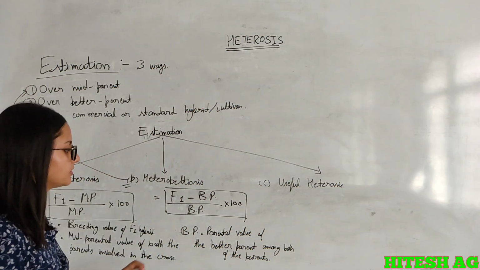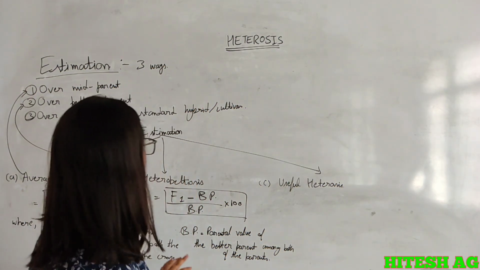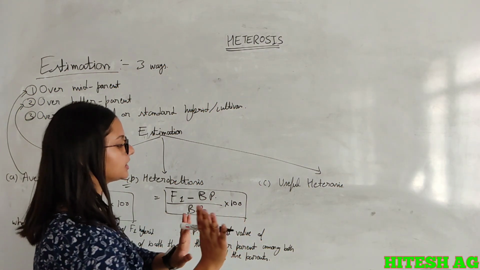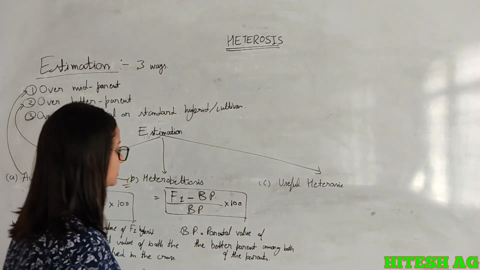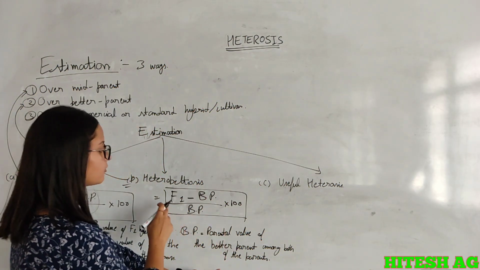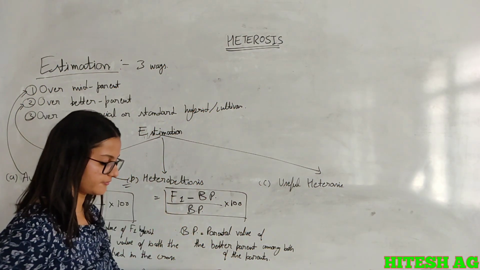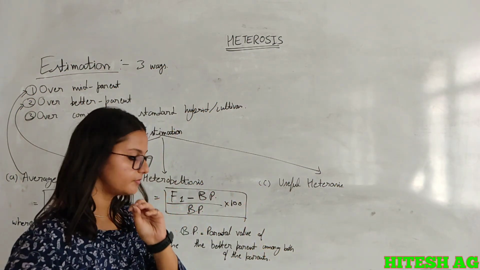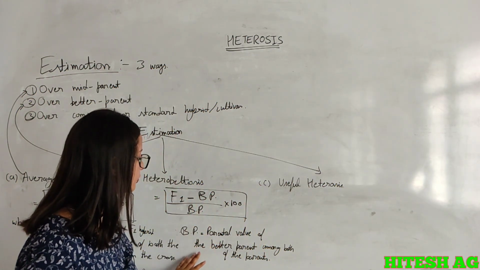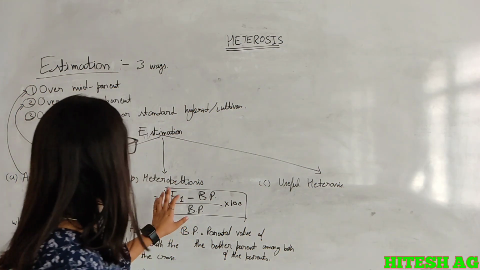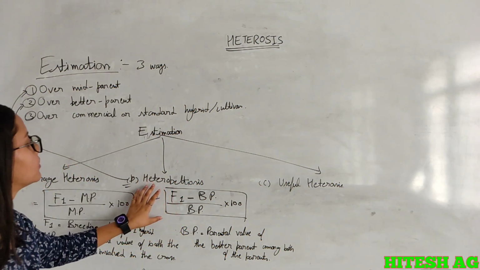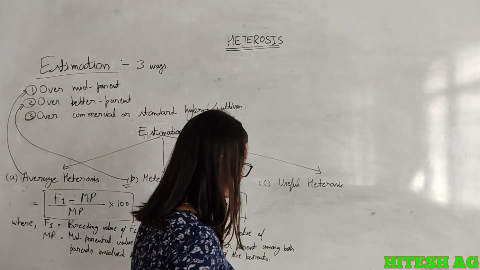So we use only the breeding value of the better parent to get this estimation, which is called heterobaltiosis.